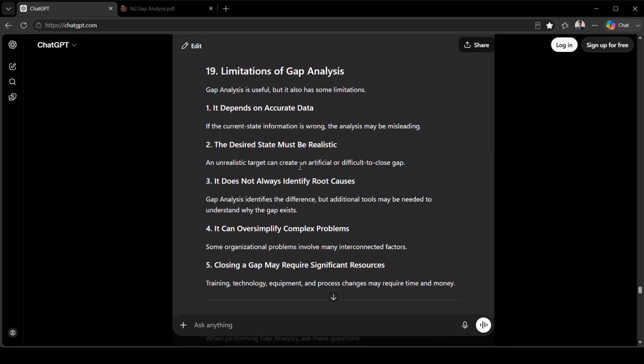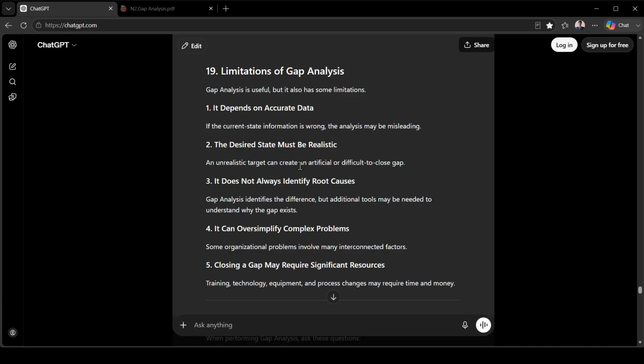Limitations of gap analysis. Gap analysis is useful, but it also has some limitations. It depends on accurate data. If the current state information is wrong, the analysis may be misleading. The desired state must be realistic, so an unrealistic target can create an artificial or difficult-to-close gap. It does not always identify root cause.